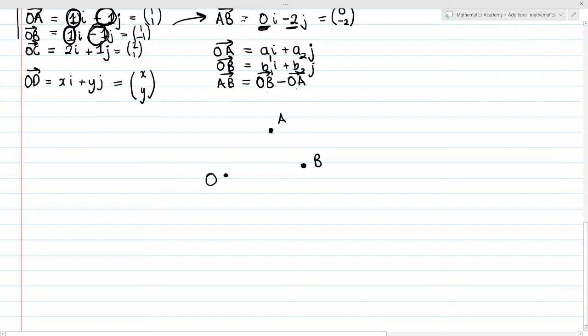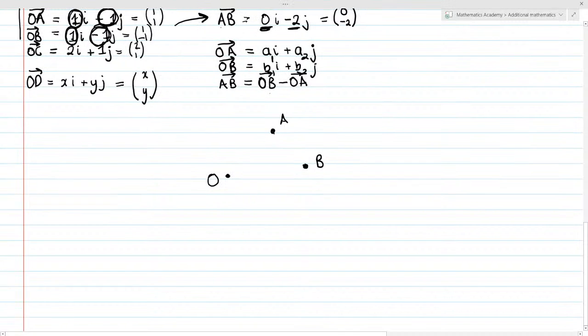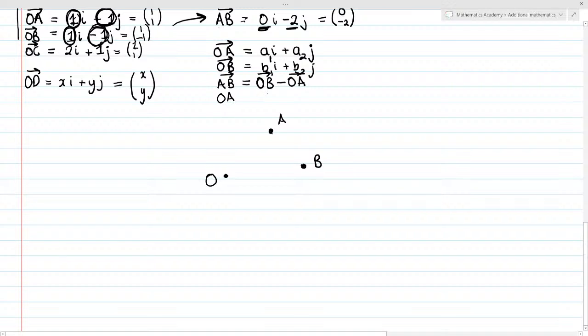Because the minus is a bit uncomfortable, like we don't really know how to deal with that minus, how do we subtract a vector really? So we can just add OA to both sides, and so we get OA plus AB gives us OB. And our goal is to check whether or not this is true.